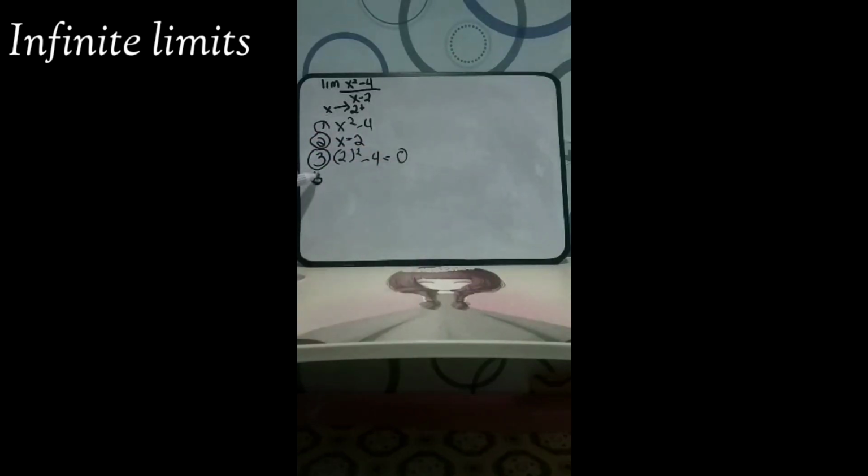Step 4, kuha tayo ng tatlong numbers to the right. Okay, nasan ba yung right natin pag ganito? 2, 3, 4, 5. Okay, 3, 4, and 5. And next, step 5 natin is substitute.